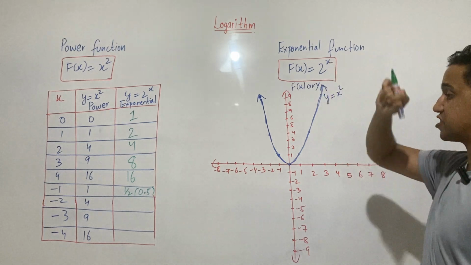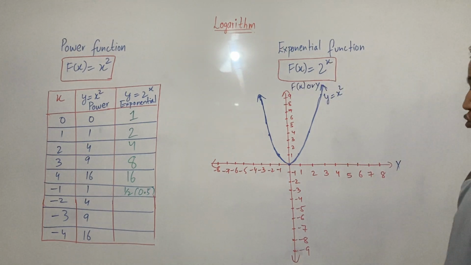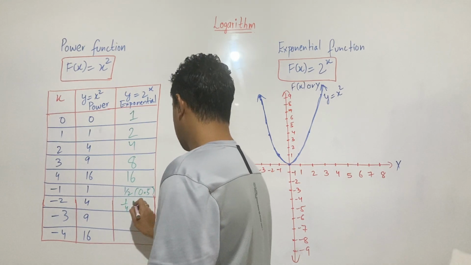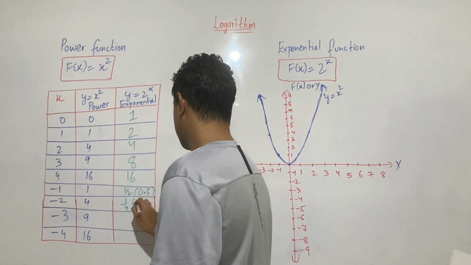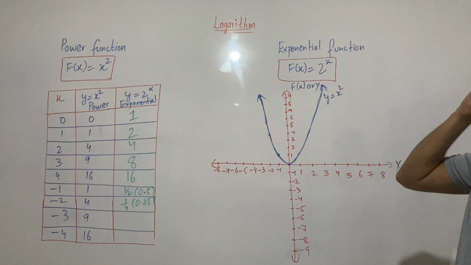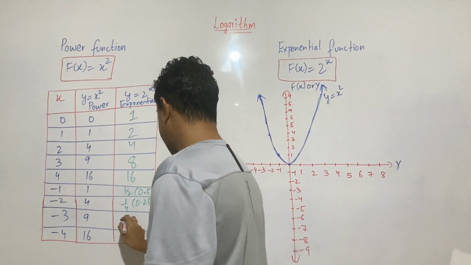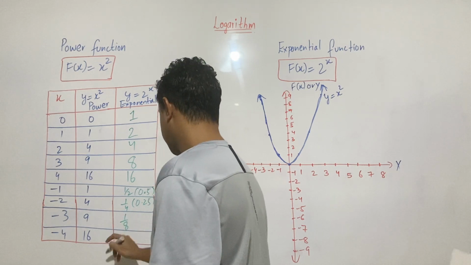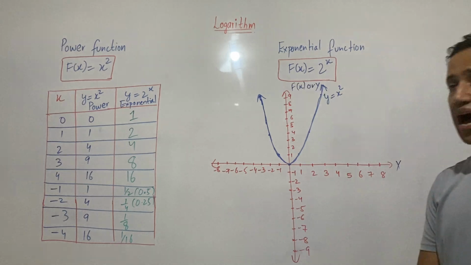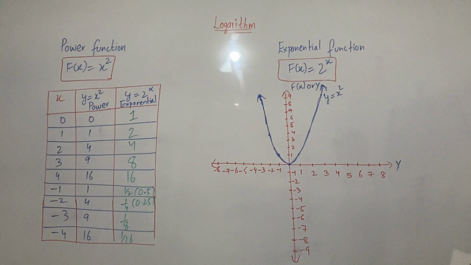If you have x equals minus 2, then it's going to be 1 by 4, which is 0.25. And then here it's going to be 1 by 8, and here it's going to be 1 by 16. I hope you agree with it.